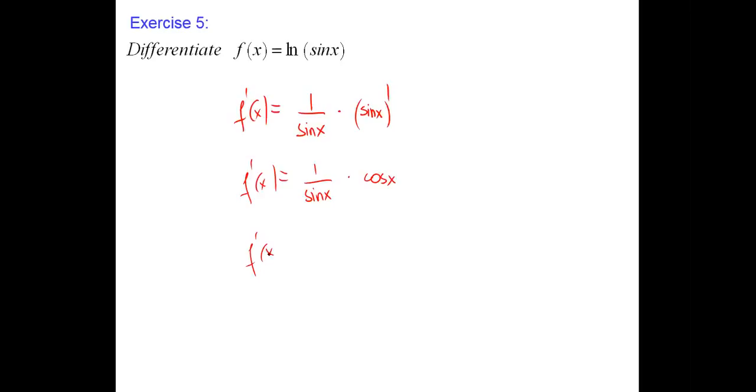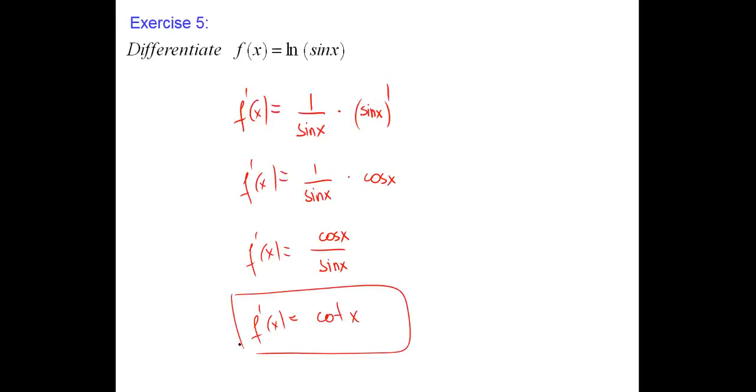I think it is just positive. Yes, that means cosine of x over sine of x. Do you think we can rewrite cosine over sine using a different function? I think it's cotangent of x. Really nice derivative. And we can see that suddenly from the logarithmic function we got a totally different one, right? No more logarithms.